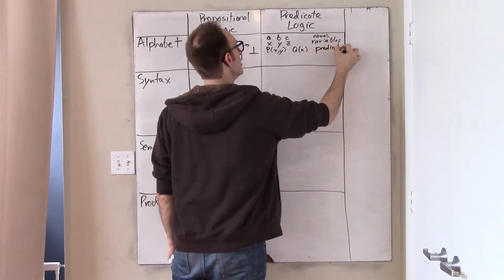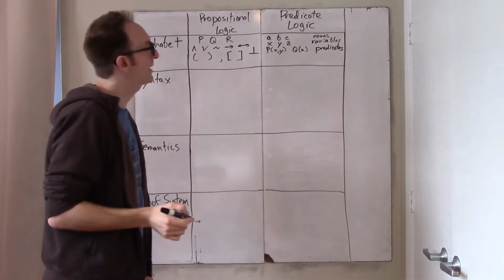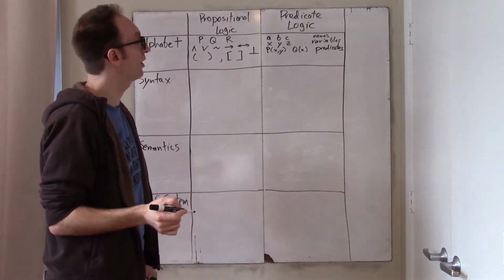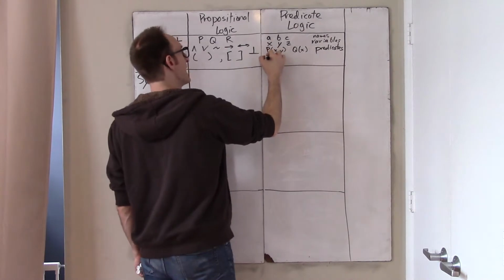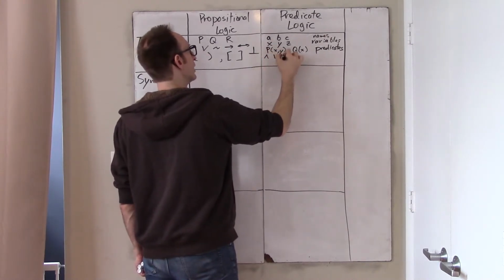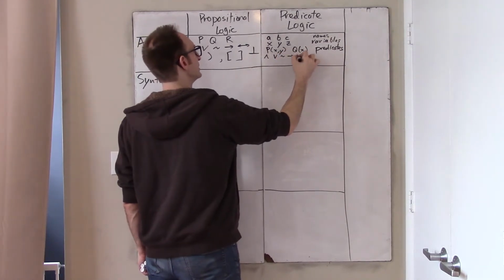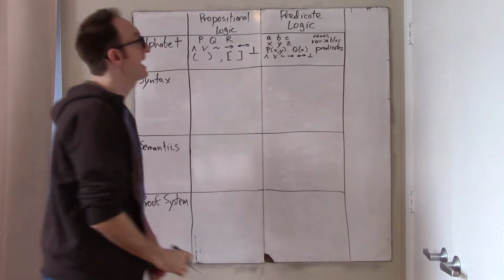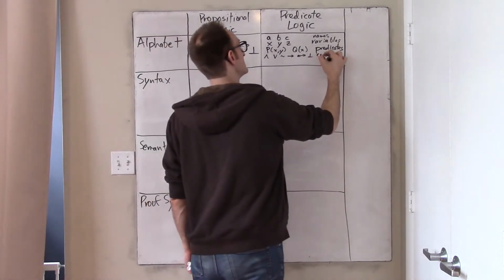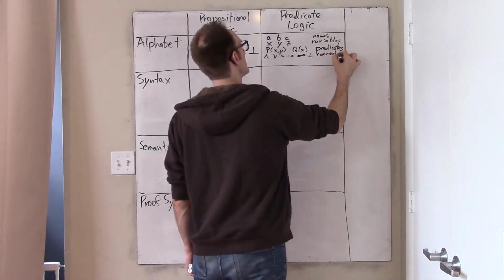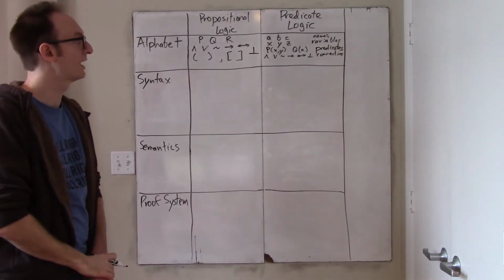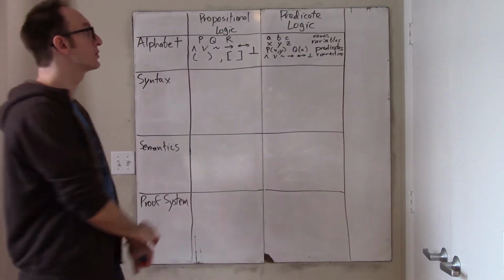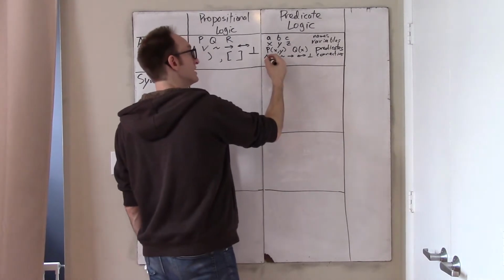Okay, going too slow, I see. What else? We have all the old things except for the propositional variables. So we still have our connectives: and, or, not, arrow, biconditional, bottom, etc. But I also have the new things, and the new things are the quantifiers.